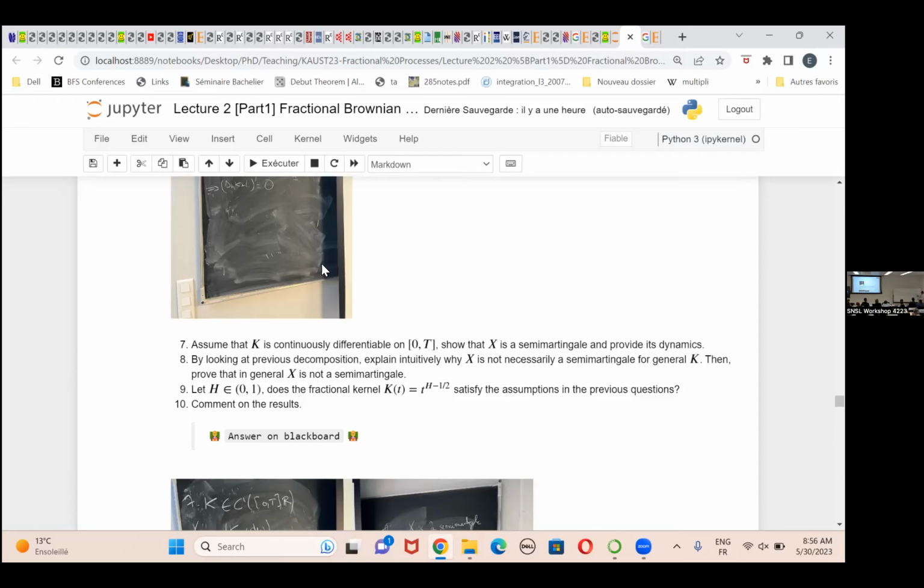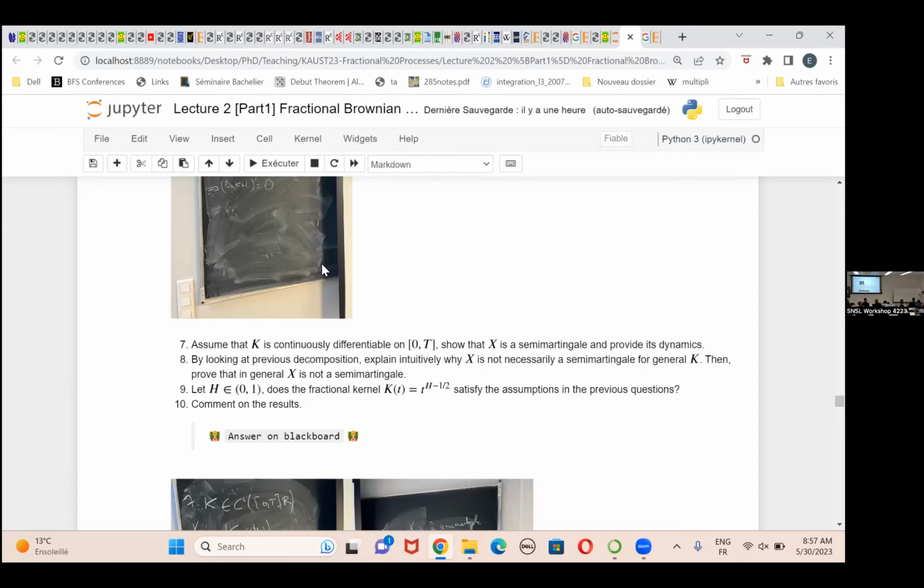So what does this tell us? First let's look at H less than 1/2. For H less than 1/2, what can you say about K0, or the limit as t goes to 0? If H is less than 1/2, this power here is negative, so this goes to plus infinity.